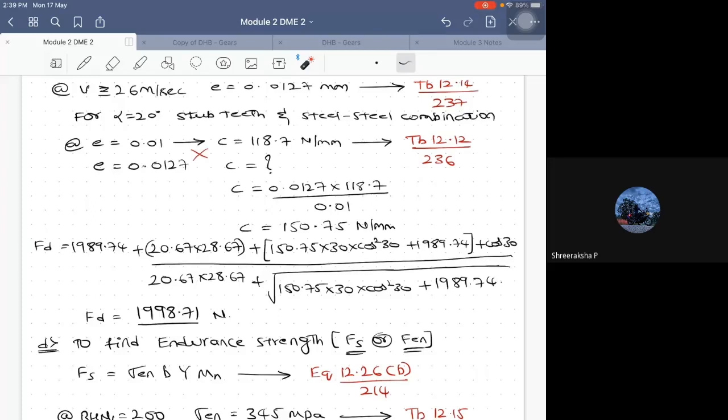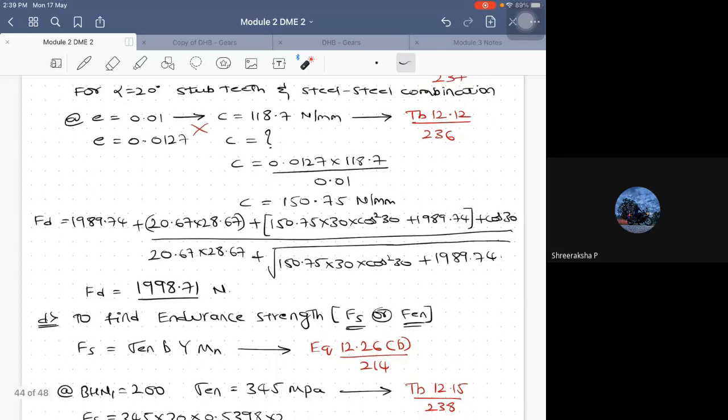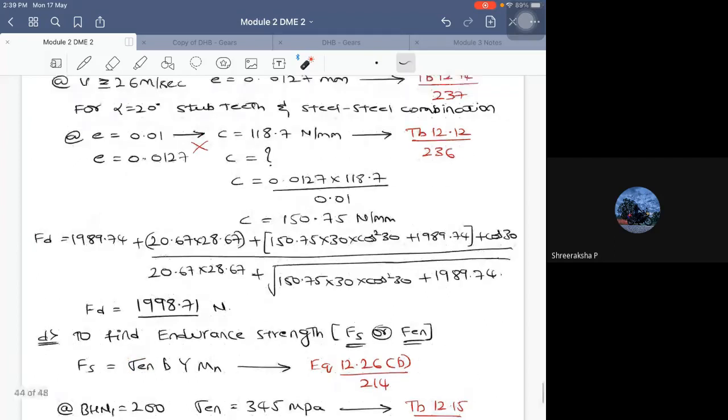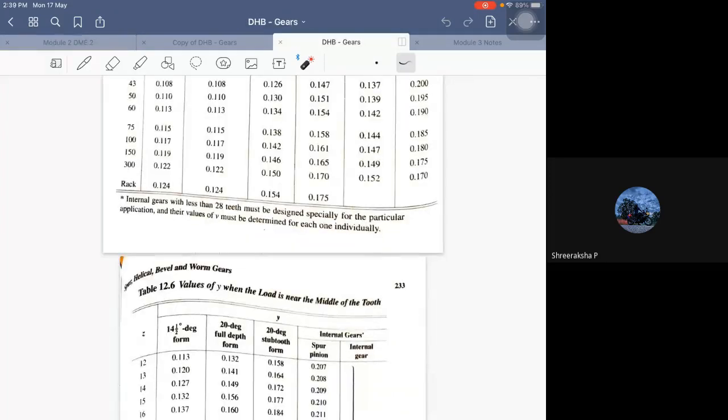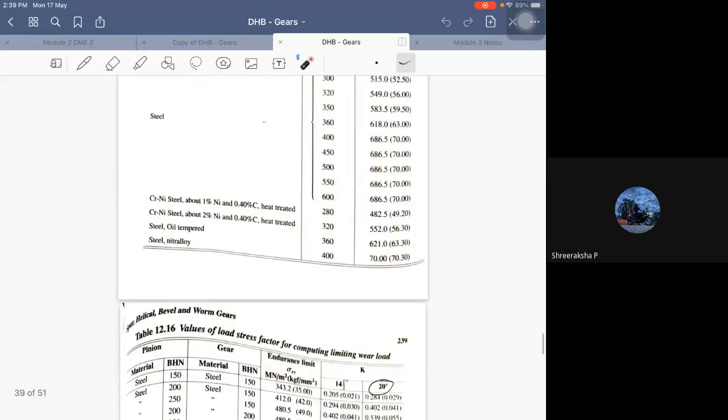For obtaining the value of sigma En, go with table number 12.15, page 238.